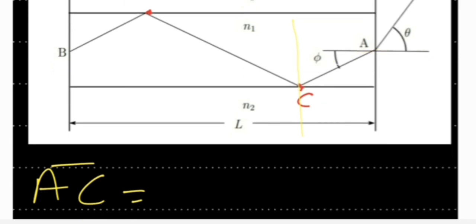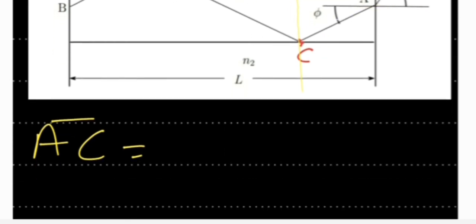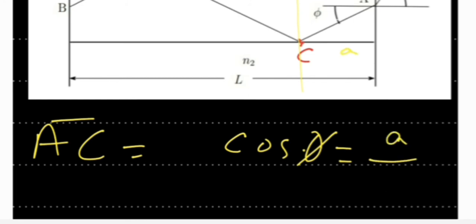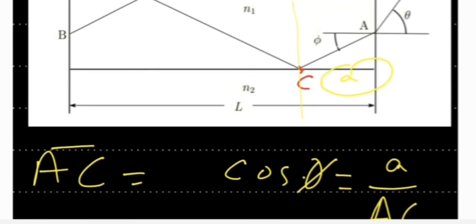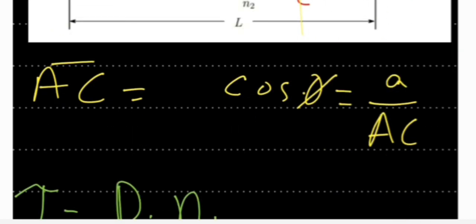So what can we say about it? Well, we know that cosine of phi is equal to this side over here, which I'm going to call a, divided by AC. Cosine is this side divided by this side over here.